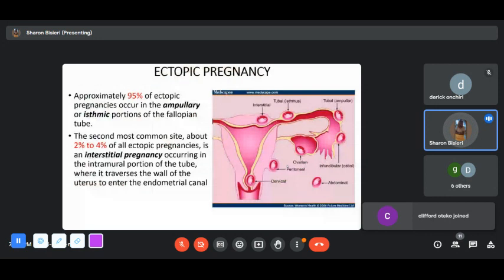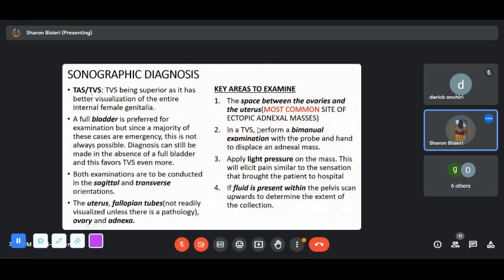So for the sonographic features, you can diagnose ectopic pregnancies on both transabdominal or transvaginal ultrasounds. Preferably, TVS is recommended because it is more superior. It will give you better resolution of the internal female genitalia, including your early pregnancy.